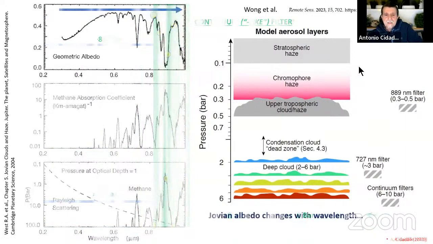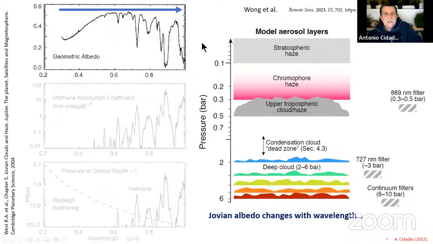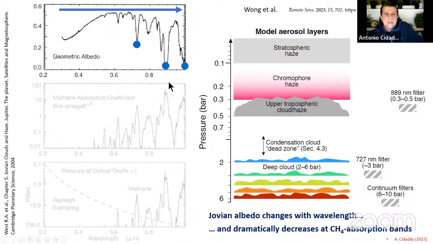One other thing that has to be kept in mind is that the jovian albedo changes with wavelength. Christophe already mentioned this, but it is very dramatic, the albedo decrease at the various methane absorption bands. And this has to be taken into consideration when images are calibrated.